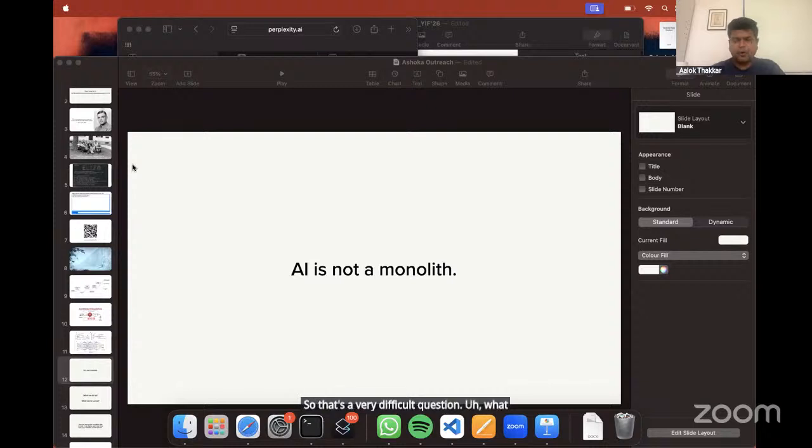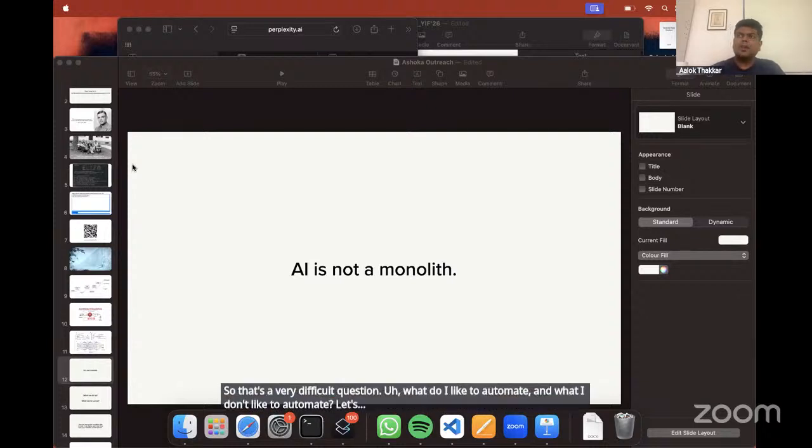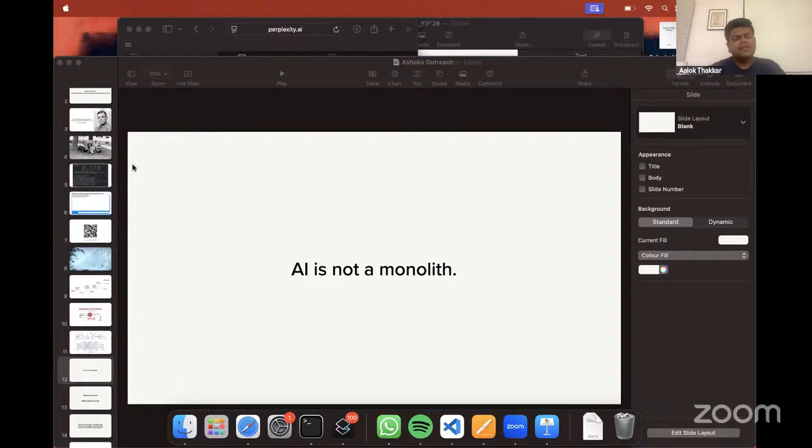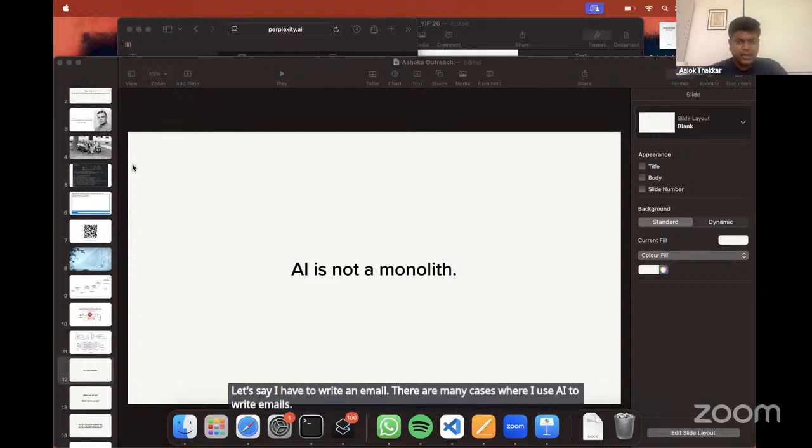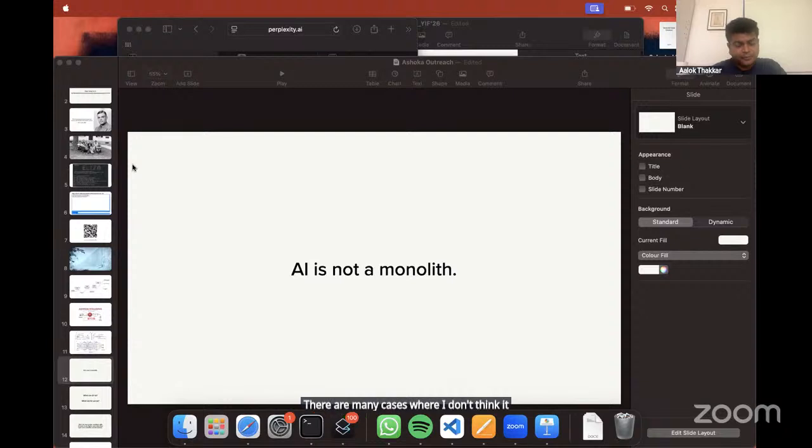What do I like to automate and what I don't like to automate? Let's say I have to write an email. There are many cases where I use AI to write emails. There are many cases where I don't think it's a good idea. And that decision really depends on the context and some of my personal preferences.